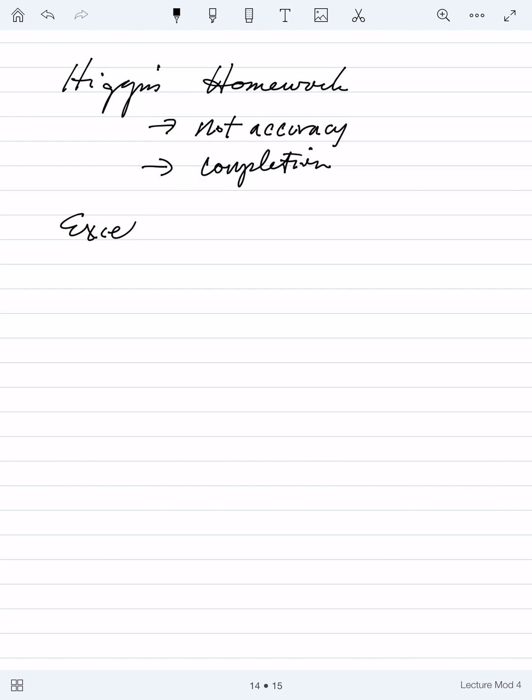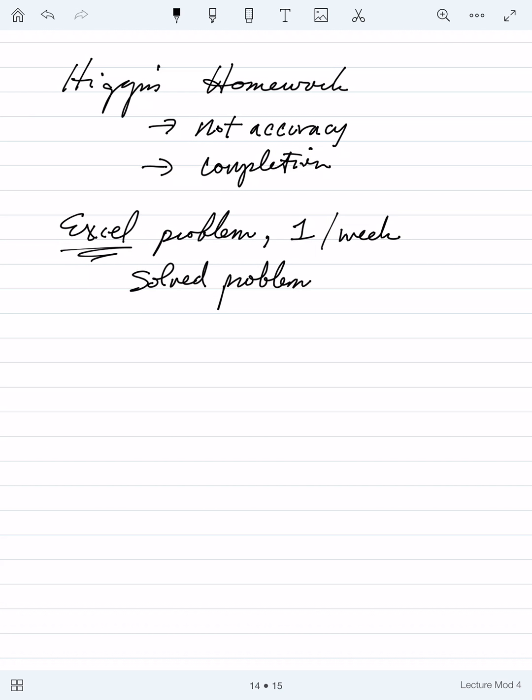I'll also be giving you guys, as we started out, the Excel problem. I'll try to give you like 1 per week. And then sometime in the following week, I'll show you the Excel problem as an example. The solved problem comes a few days later.